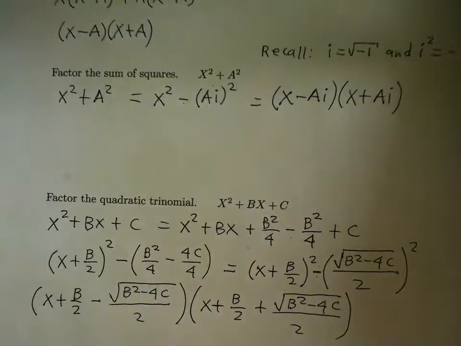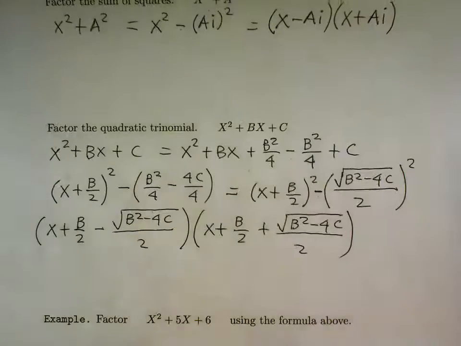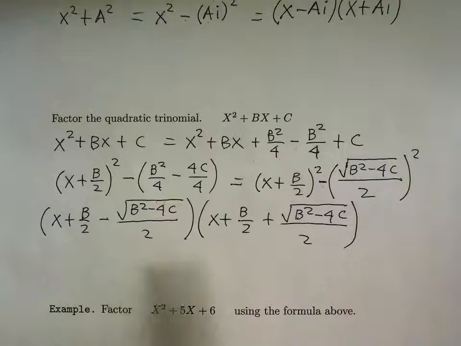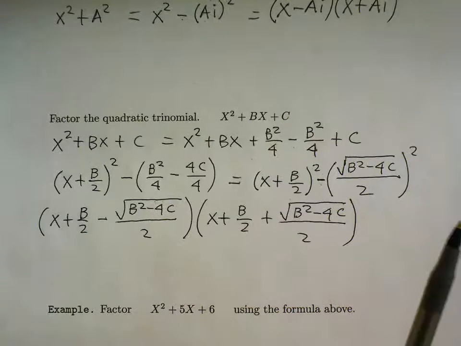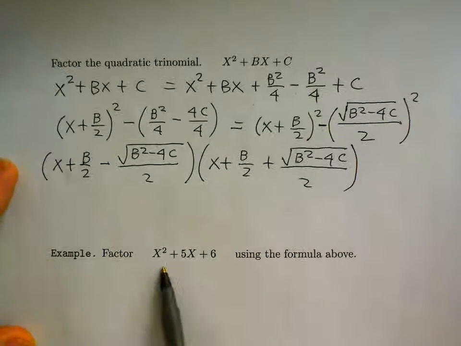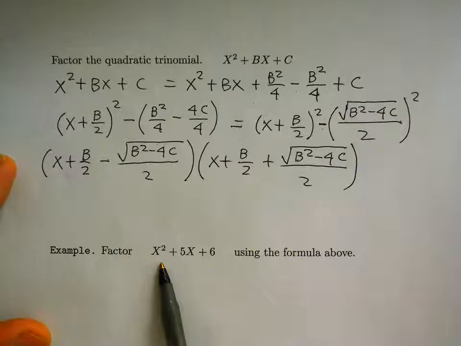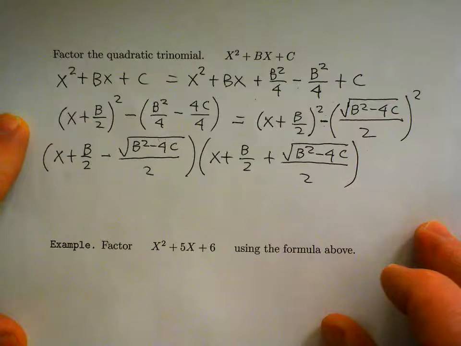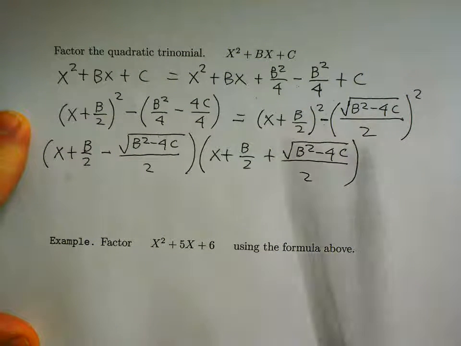Okay, what we'll do next is we'll use this factoring formula of that trinomial x² + bx + c, and we'll use that formula to factor this trinomial x² + 5x + 6. Well, if you've done very much factoring, you know that immediately we could find the factors of this.